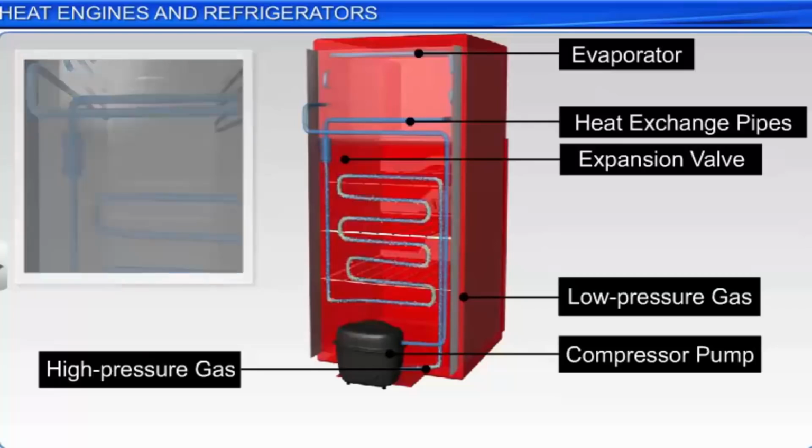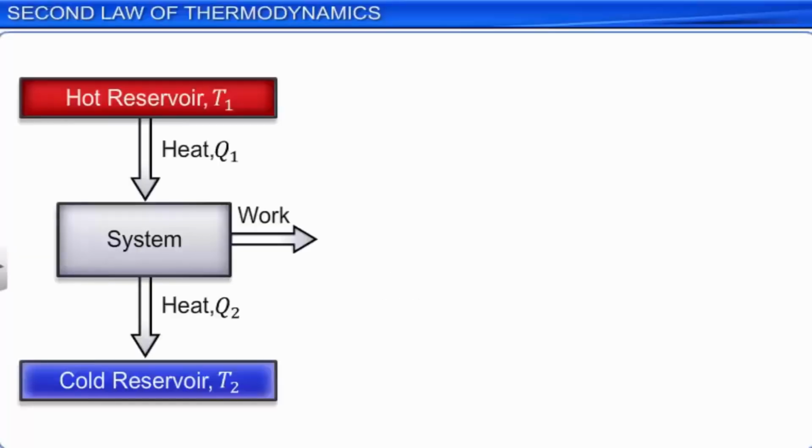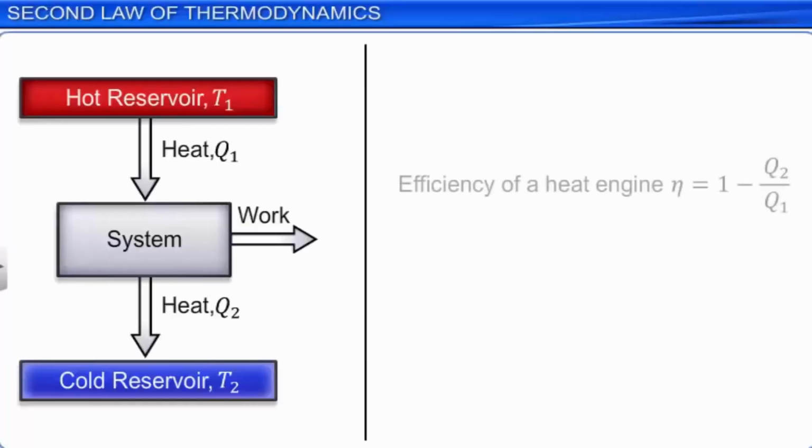In this way, the refrigerant absorbs heat from the cooler inside regions of the refrigerator and releases it to the hotter outside regions. Earlier, you learned that the efficiency of a heat engine eta is equal to 1 minus Q2 by Q1, where Q1 is the heat absorbed by the system from a hot reservoir, and Q2 is the heat released by the system to a cold reservoir.